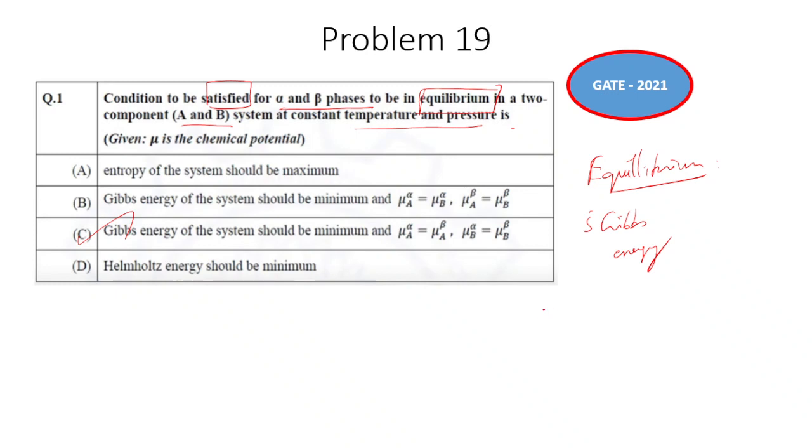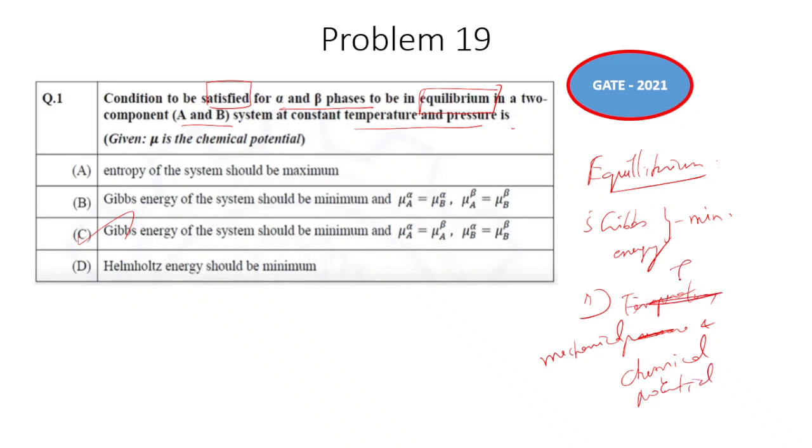The answer is perfect. The reason is, for equilibrium, the Gibbs energy must be minimum, and then the system must be in thermal, mechanical and chemical equilibrium.